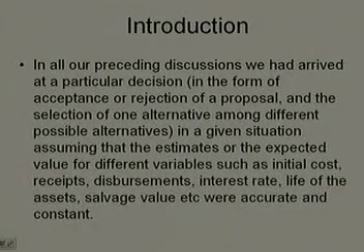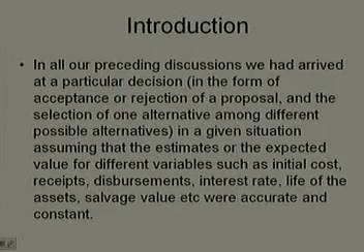Now, if you see this slide, it is very clear that in all our preceding discussions, we had arrived at a particular decision. What kind of decision? Either acceptance of a proposal or rejection of a proposal, or else selection of one alternative out of several alternatives possible.